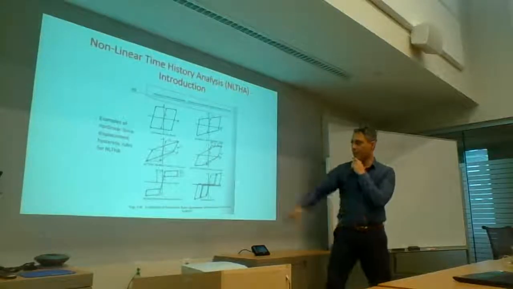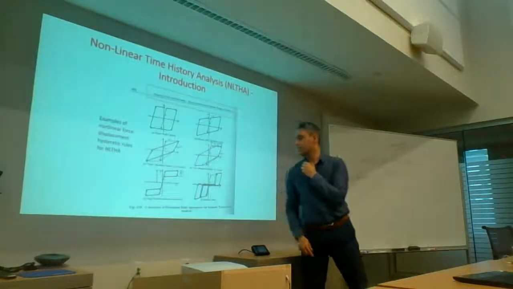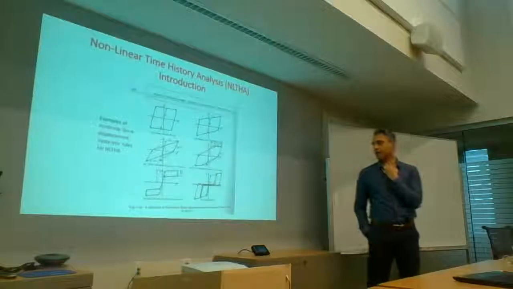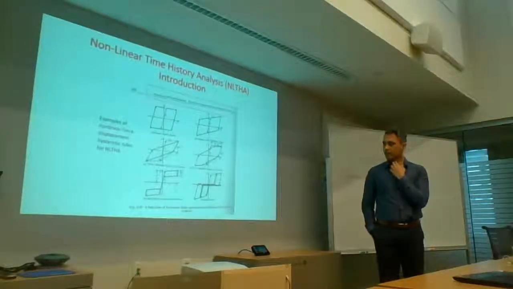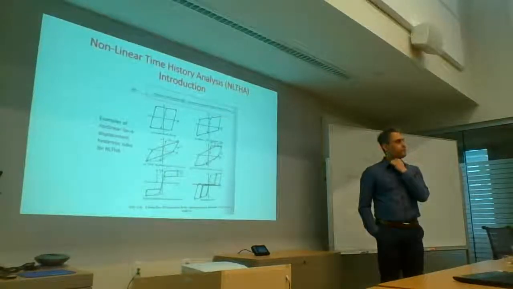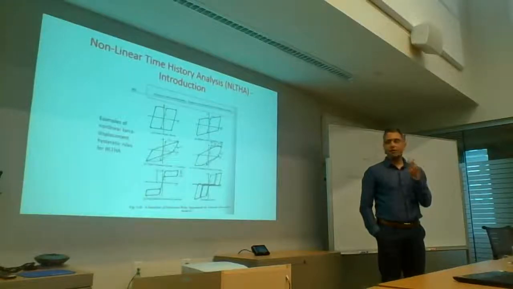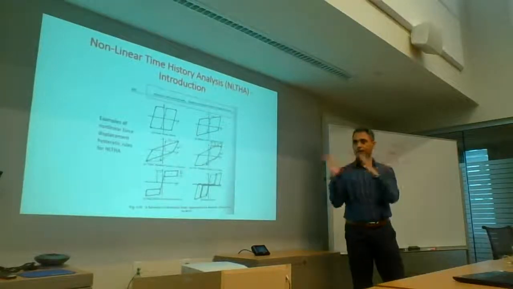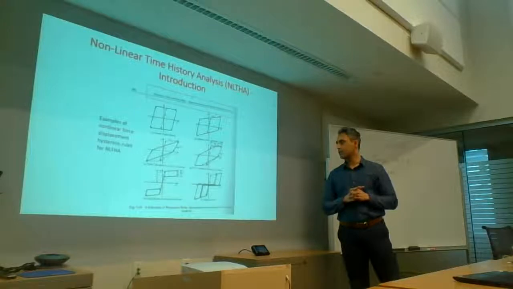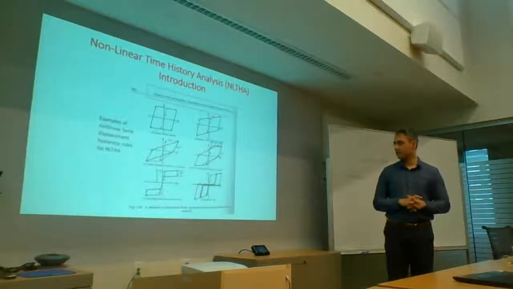So this goes up and then it forms a bit of a loop up there and then comes back. It's good, even though it doesn't have a lot of energy dissipation, but it's good to bring your structure back to the normal position of equilibrium.